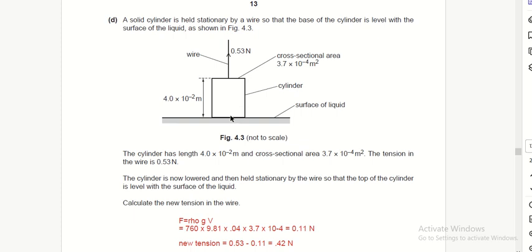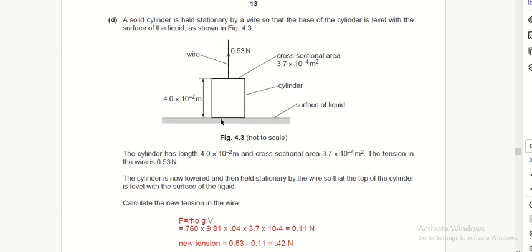So we will have two upward forces and one downward force. Before we make the cylinder touch the liquid surface, the tension in the rope is equal to the weight of the cylinder. But as the cylinder now touches the liquid surface, the tension in the rope is reduced because we have another force that goes in the opposite direction to the weight, which is the upthrust.